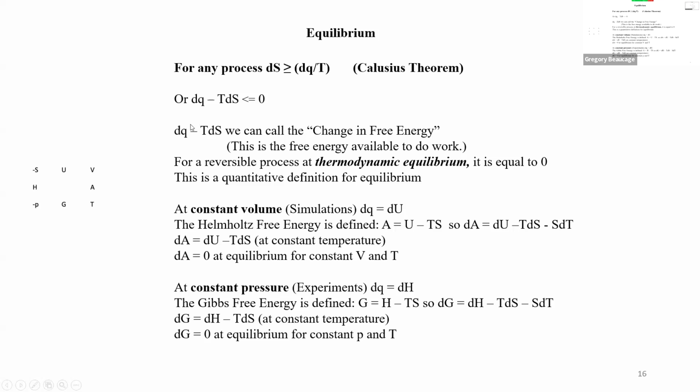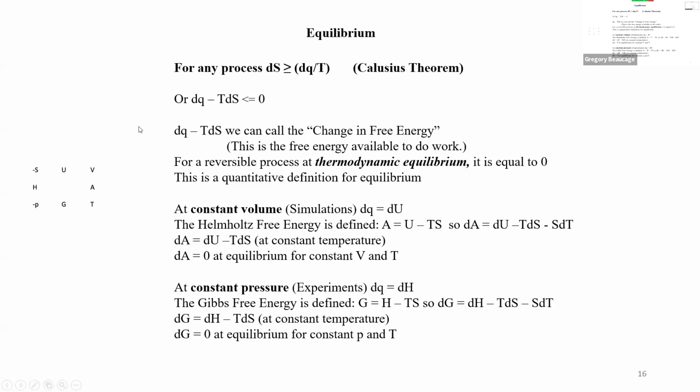So Gibbs would be the normal kind at atmospheric pressure, and Helmholtz is with constant volume and variable pressure, right? So anyway, that's the scheme of this.